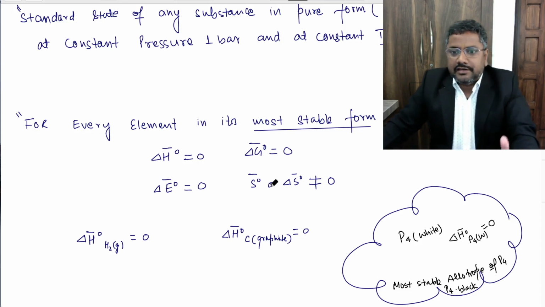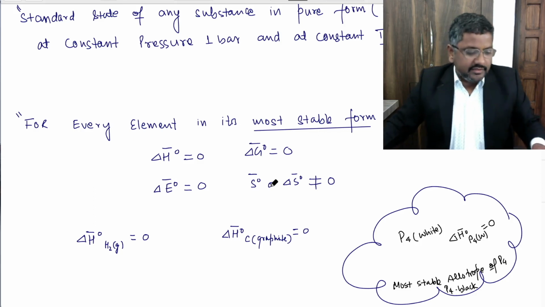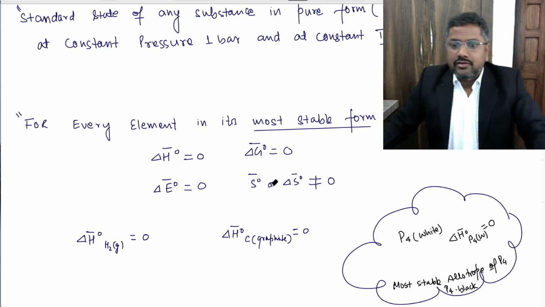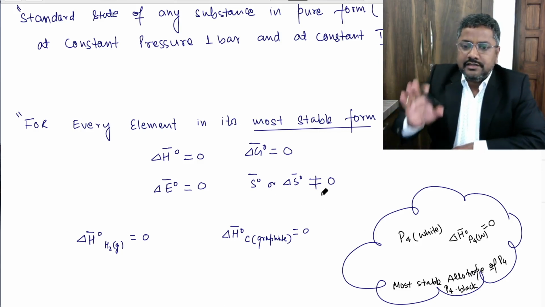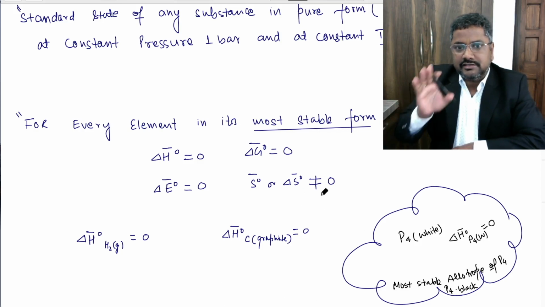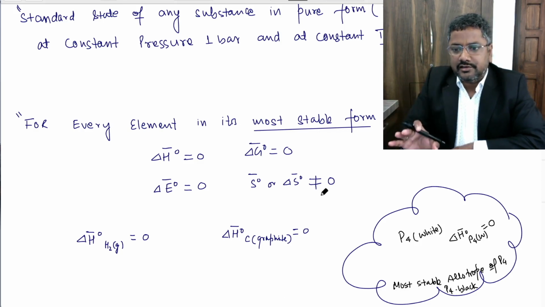You can survey the appendix which is given in your NCERT book. You will get the complete list, and you can see for those species this delta H naught or delta G naught is given as 0. That is the thermodynamic reference, right?